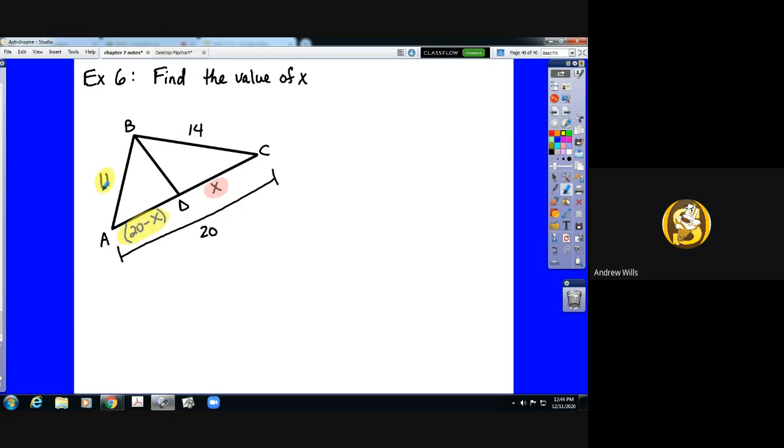AB and BC. So our proportion would be AD over CD equals AB over BC. Left piece over right piece equals left side over right side.